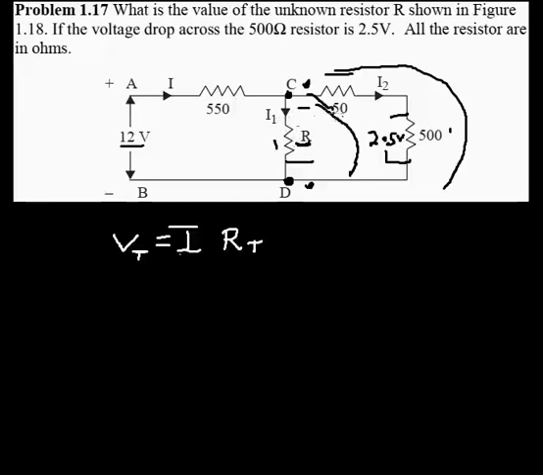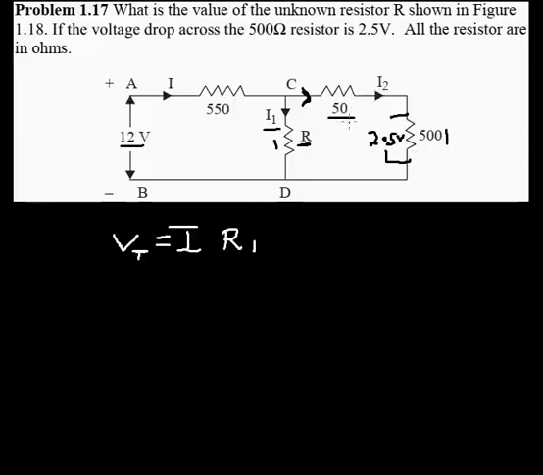Why? Because it is a parallel connection. Remember, in a parallel connection, all the branches have the same voltage. This current I will divide. Let's say the current entering R, this unknown resistance, is I1, and the current entering the other branch, passing through 50 ohms and 500 ohms, is I2.